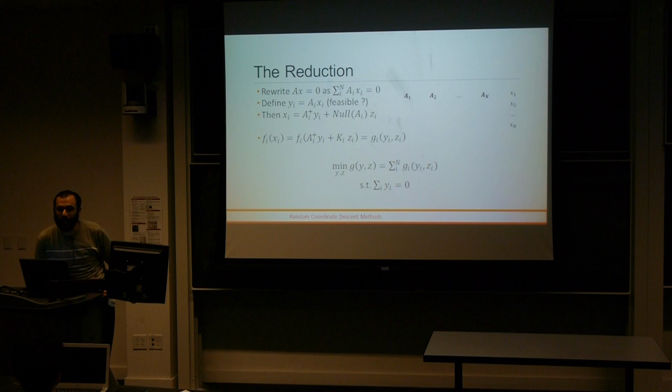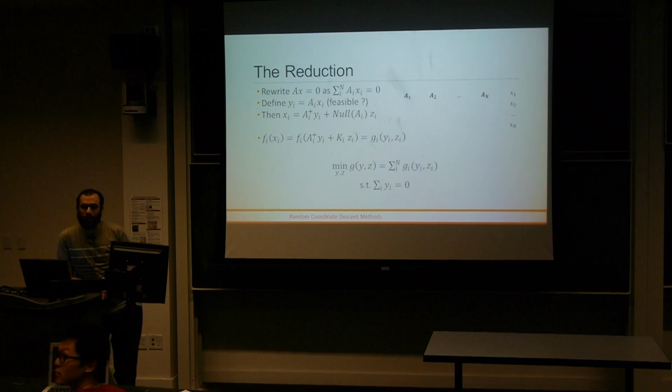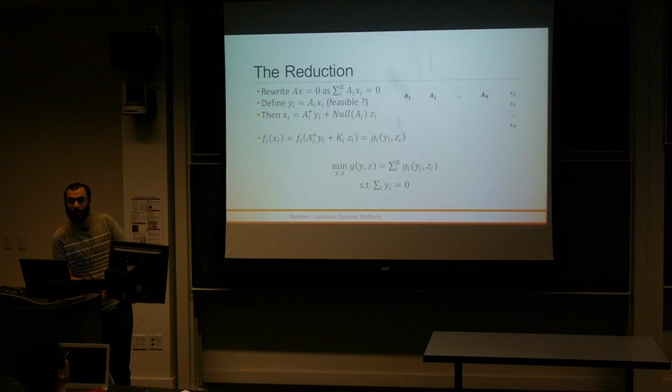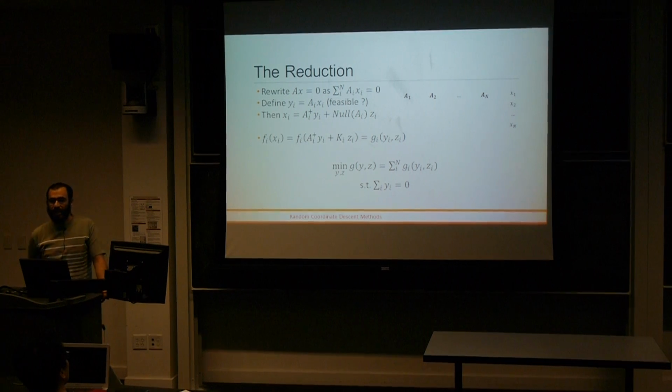Just for clarification, if xi is a scalar, here yi is going to be a vector. In this case, yi equal to ai xi would be over-constrained. So xi is a vector and yi is a vector. If xi is a scalar, yi is also a vector.